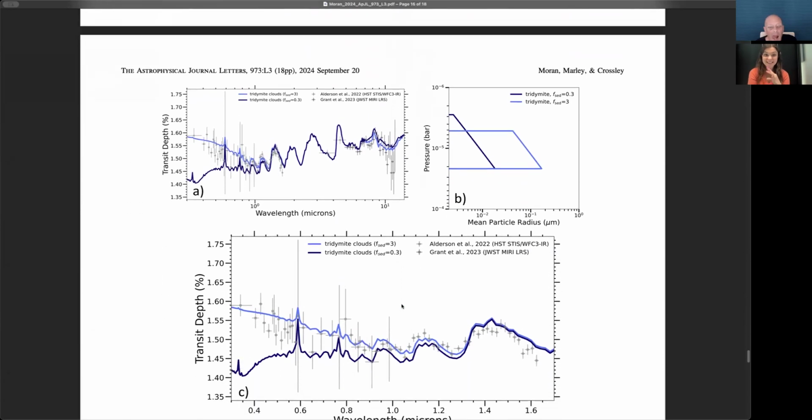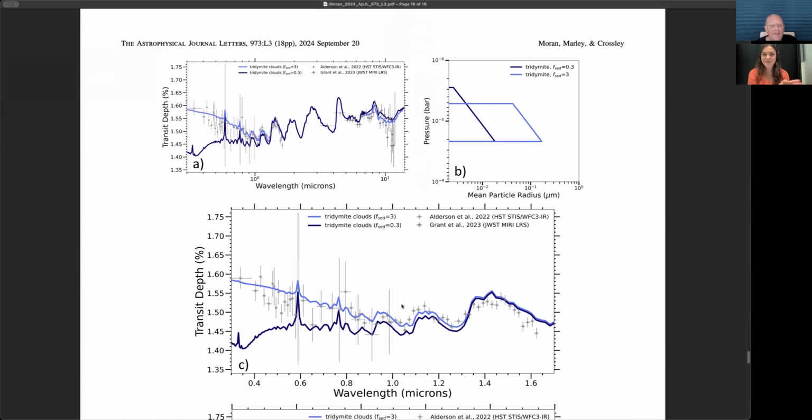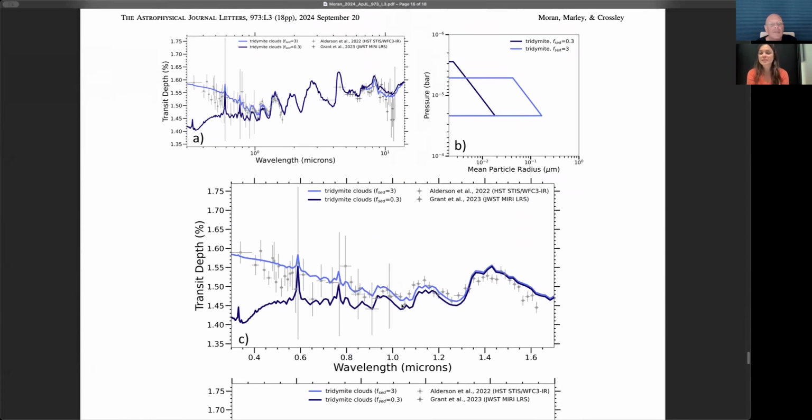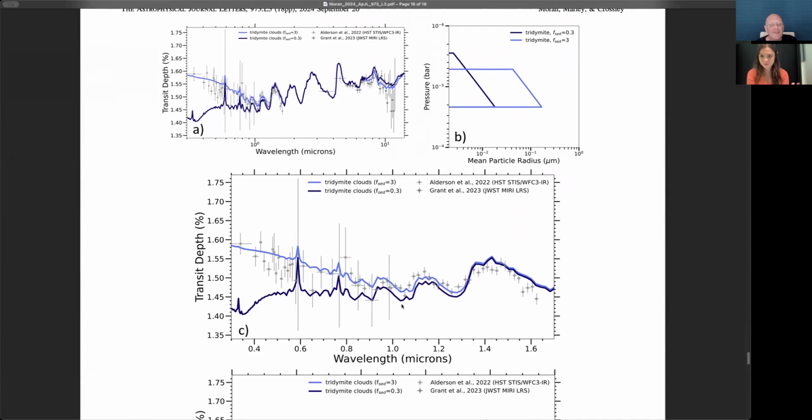Yeah. This extended set of runs is where, in the process of doing this modeling, I went down a little rabbit hole and asked, what if you try to find a solution that doesn't involve this deeper cloud deck? I was actually able to recreate some model runs using any of the SiO2 clouds.